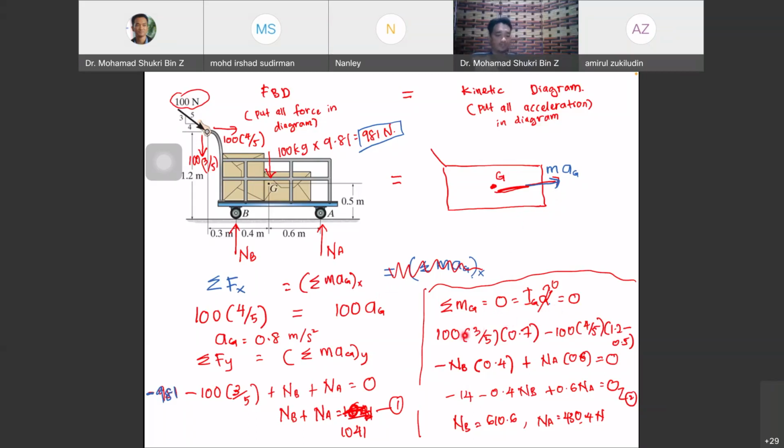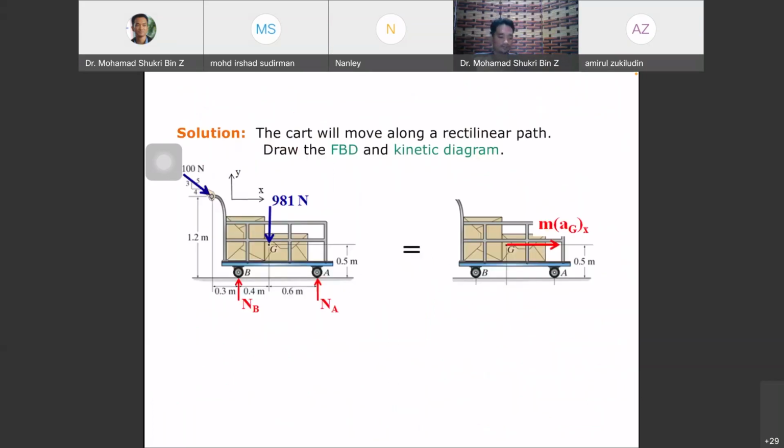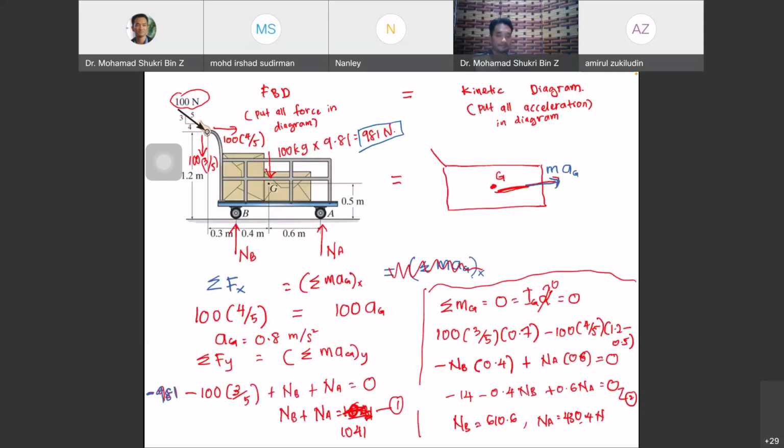So 135 darab 0.7 ini dapatkan moment pada G. Alright. 145, 1.2 tolak 0.5 ini dah. Okay. And then dapatkan apakah nilai MB dan juga NA. Alright, MB dan juga NA. Okay, moment ni dah selesai dah untuk problem ni.